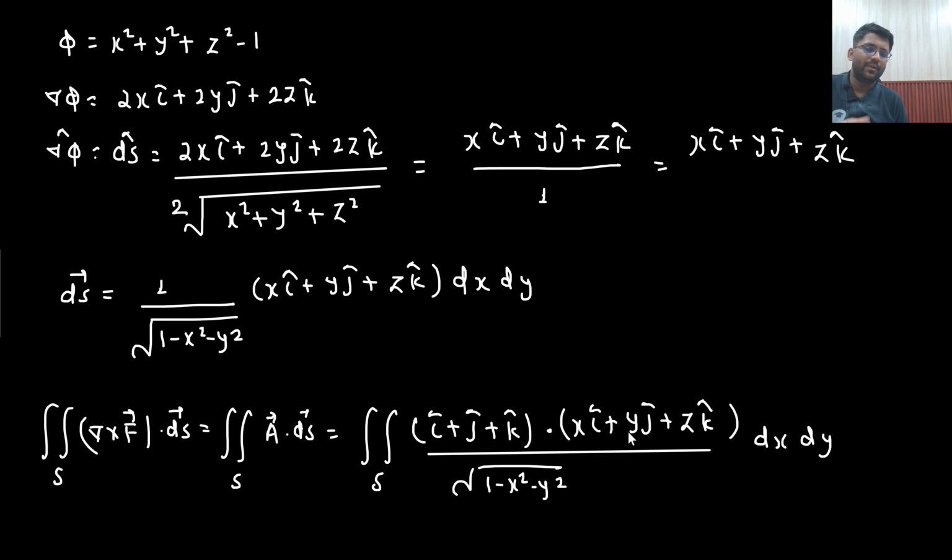So i cap will become x, j cap will become y, k cap will become z. Eventually what we are getting is x plus y plus z upon under root 1 minus x square minus y square dx dy. This is what we are supposed to calculate.